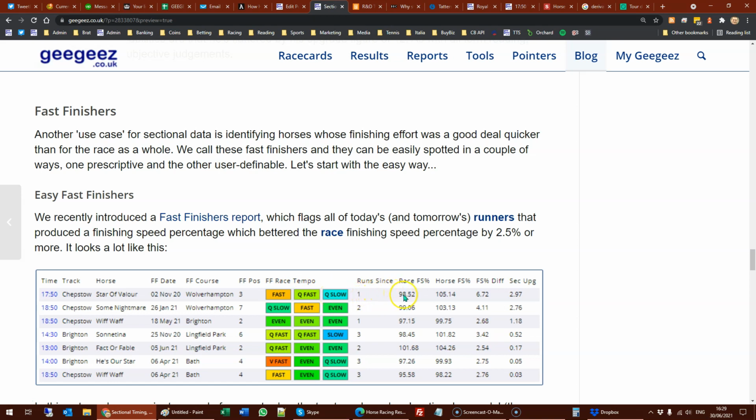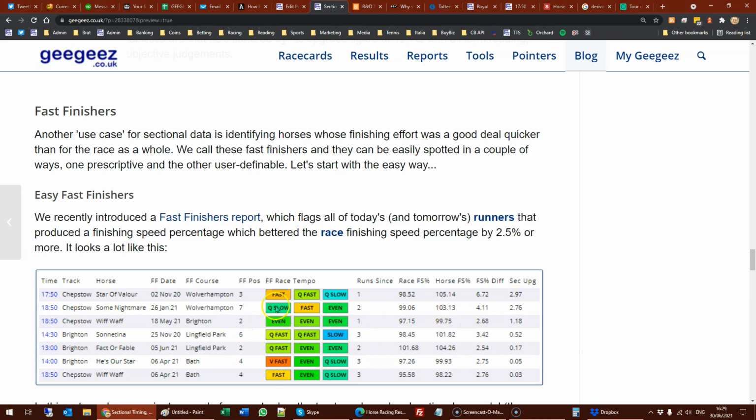And the finishing speed for the race was 98.52%, so slightly slower than the race as a whole for the last section. This guy, Star of Valor, finished in 105%, so much quicker than the race as a whole, and was able to use a similar closing gear change to get the job done here at 3-1, which is a nice enough price.